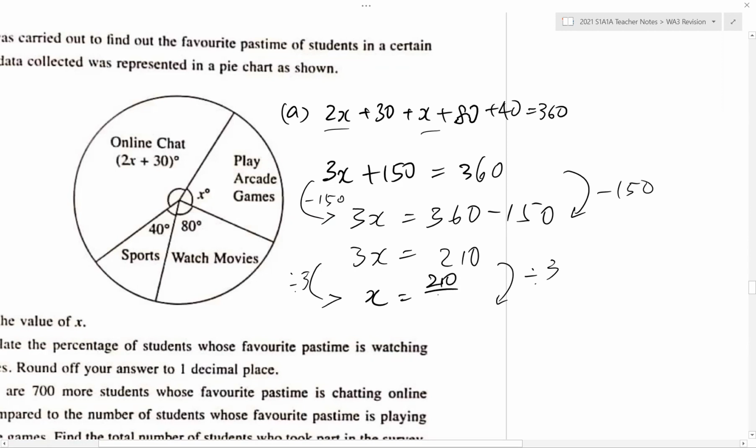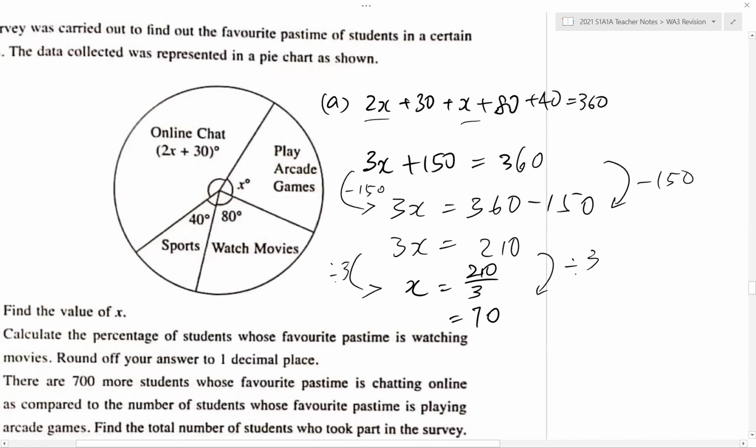So 210 over 3, 70. X has a value of 70. So even though we say that we are testing you on statistics, angles, symmetry, we can still put in algebra.